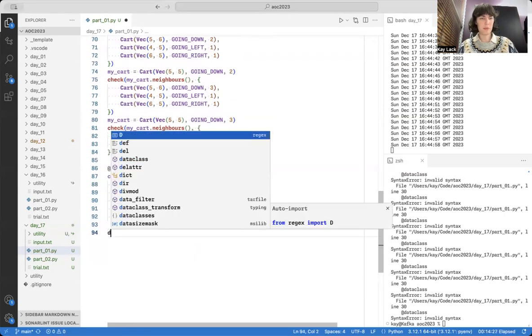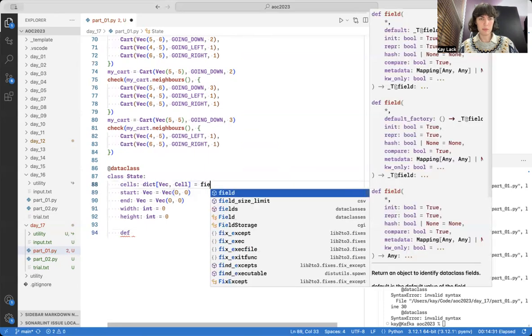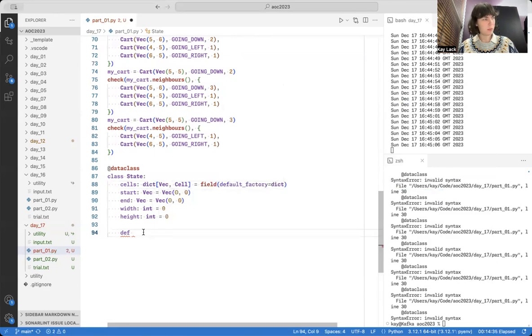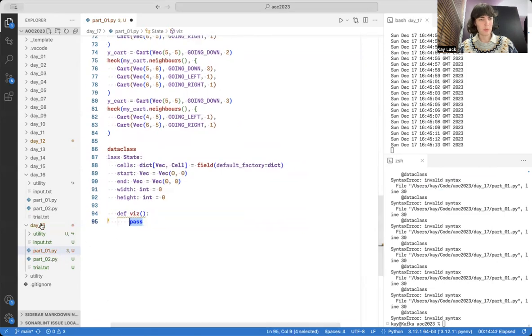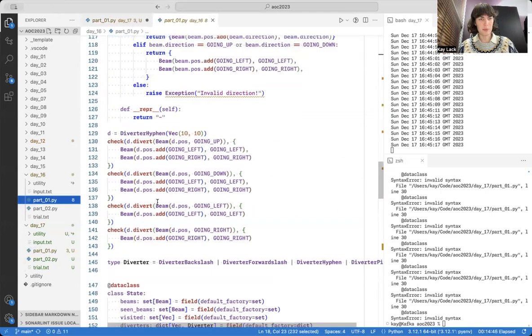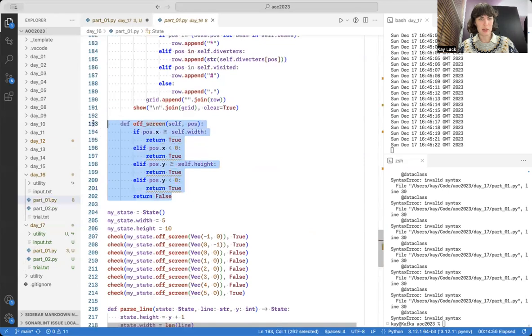Okay. What was the one from last time? We could probably steal that. And we can steal this too.